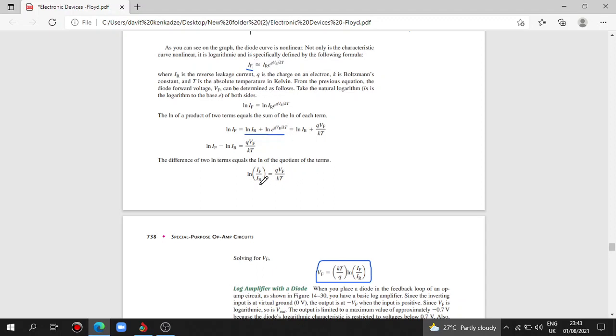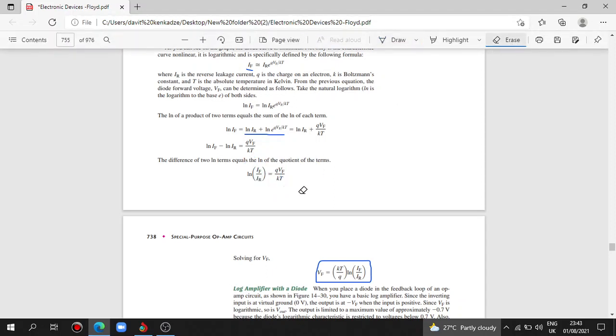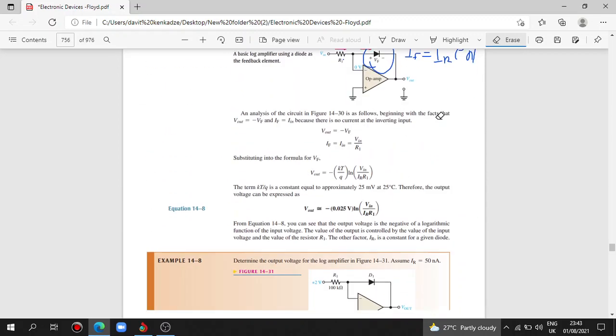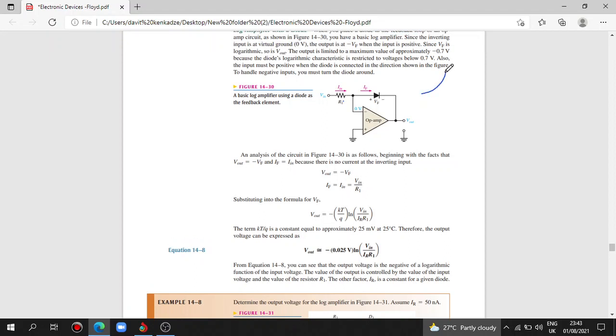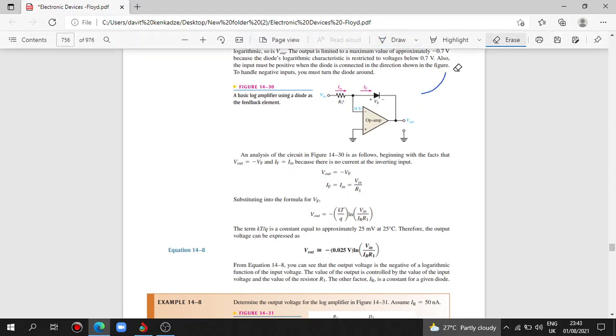And after that we have the difference, and this is logarithm, right? The diode characteristic causes it to be a logarithmic amplifier. As you remember, in the integrator the transient processes caused the integration, because the capacitor charges and discharges. It has nothing in common with this, so let's continue.